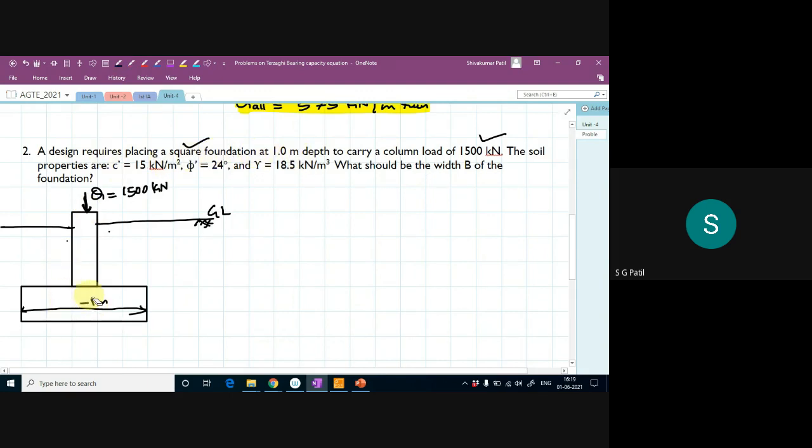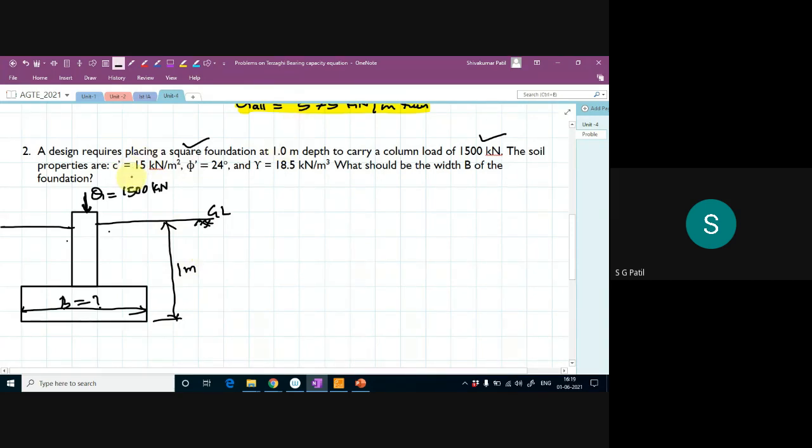The dimension they have not given. They are asking you to give the dimension, the breadth and the length, so the dimension is a question mark. But they gave the depth of foundation as 1 meter.